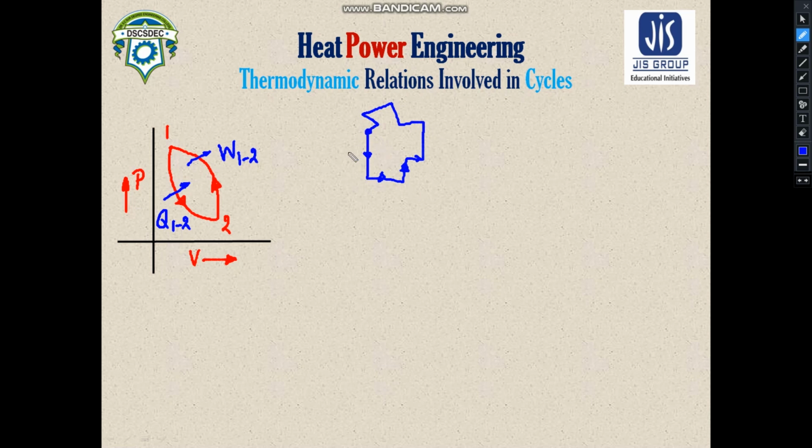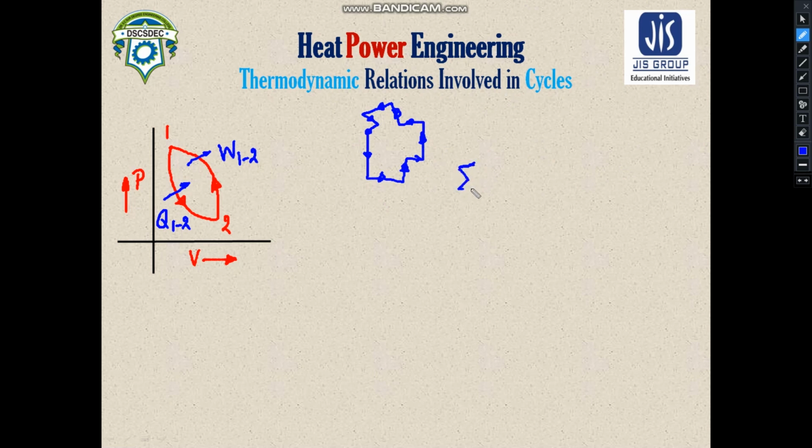Now for this cycle, there are various kinds of heat transfer and work transfers involved in all the processes. How do you find the relationship between heat and work transfer for thermodynamic cycles? It will be very simple to understand. The sum of all heat transfers.